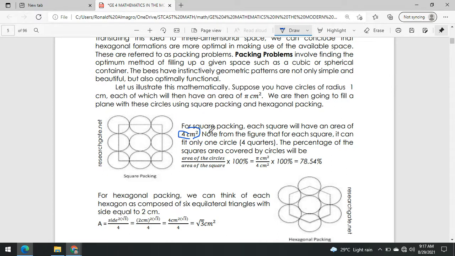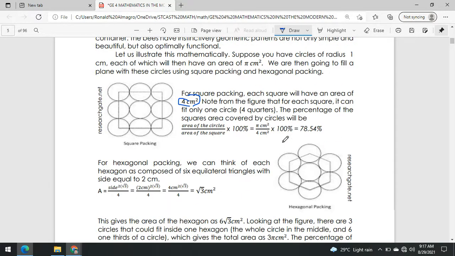Note from the figure that each square can fit only one circle. The percentage of the square area covered by circles will be the area of the circles over the area of the square, times 100%.